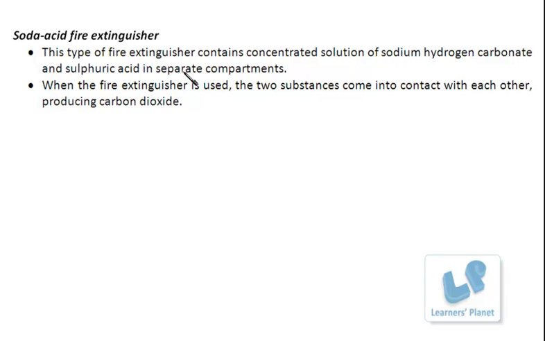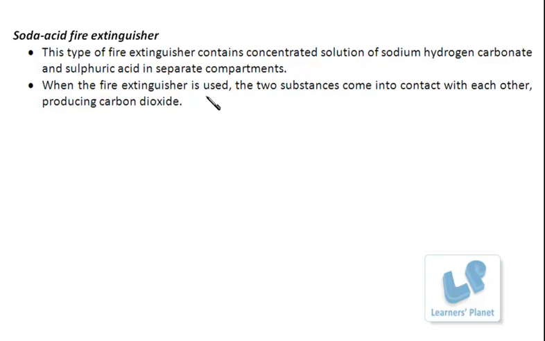But in carbon dioxide type fire extinguisher, carbon dioxide is filled at extremely high pressure within the cylinder, and in this type of fire extinguisher, sodium hydrogen carbonate and sulfuric acid are taken in separate compartments.